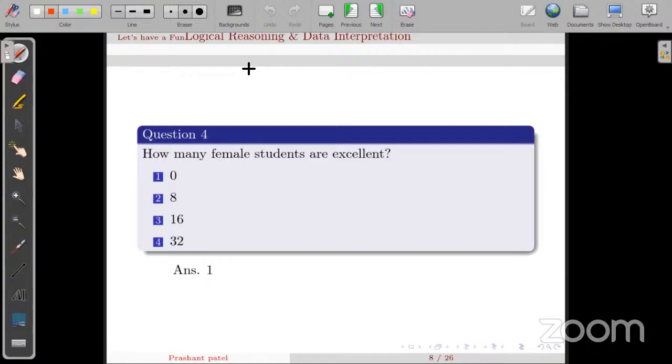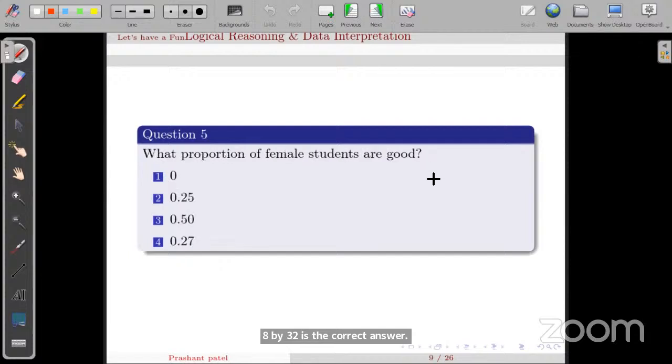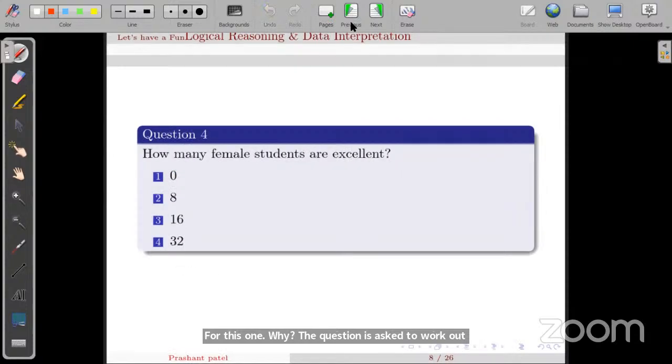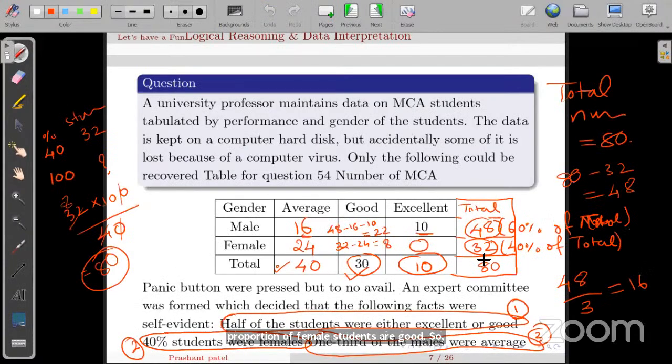Okay. 8 by 32 is the correct answer for this one. Why? The question asked is, what proportion of female students are good? So the total female students is 32.